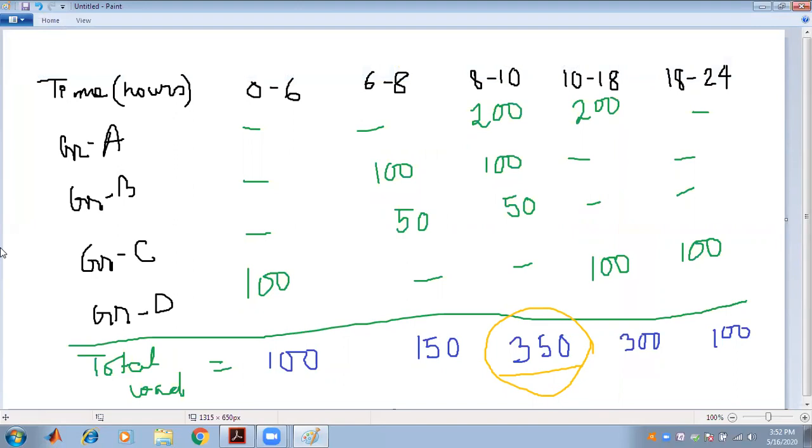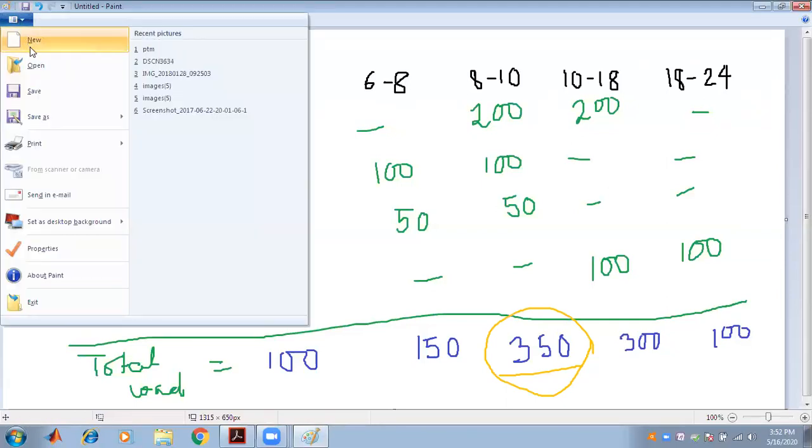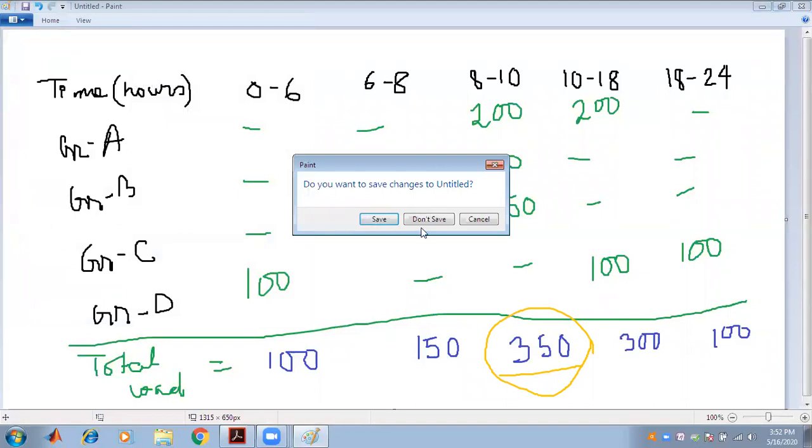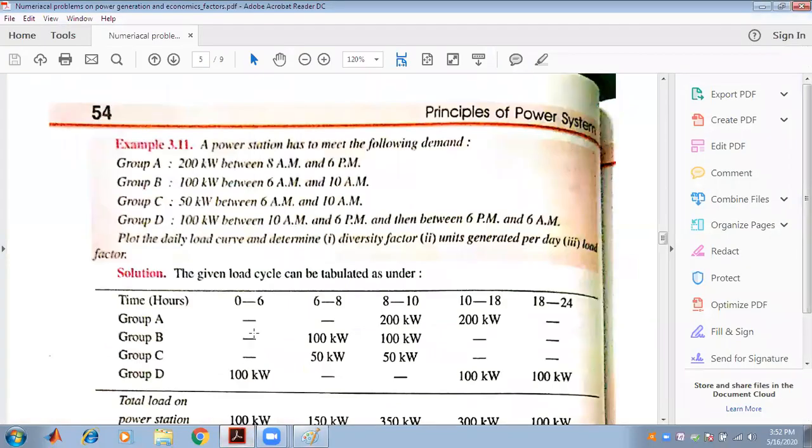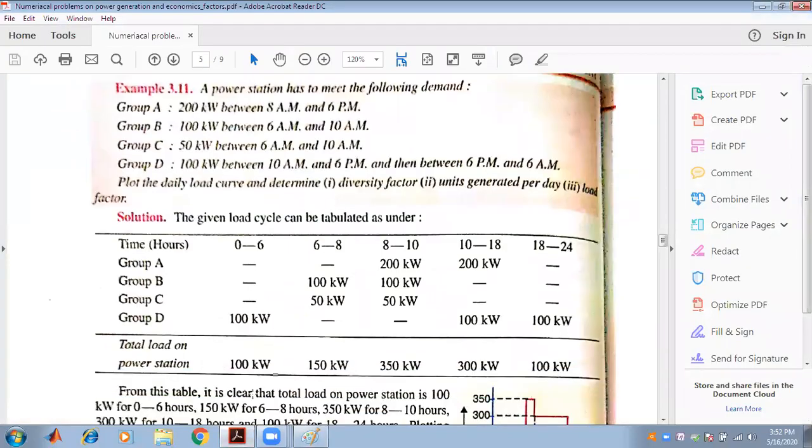Okay. So what is our first problem? Our first problem is the diversity factor.